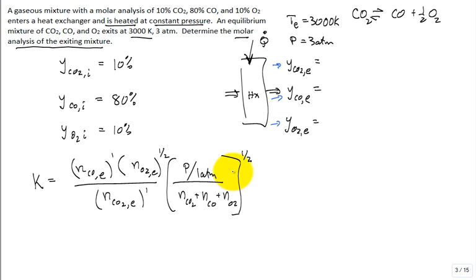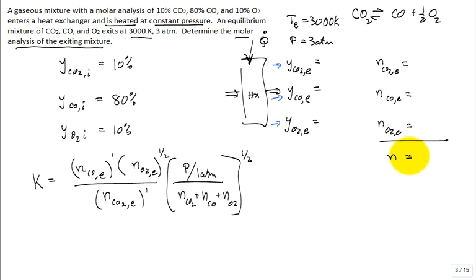So how do we solve this problem? It's preferable to solve it in terms of n's. Once I solve for the number of moles of CO2 exiting, the number of moles of CO exiting, and the number of moles of O2 exiting, I can sum them up to get the total number of moles exiting.